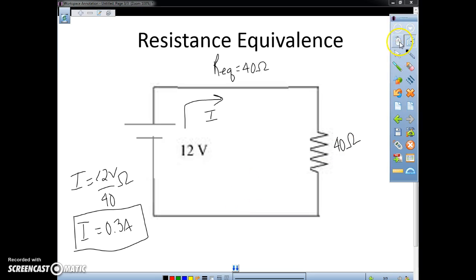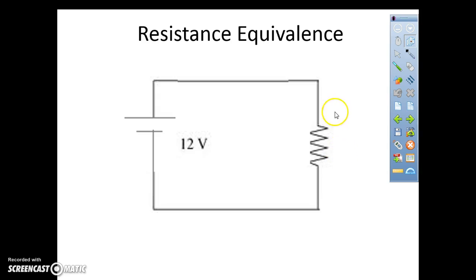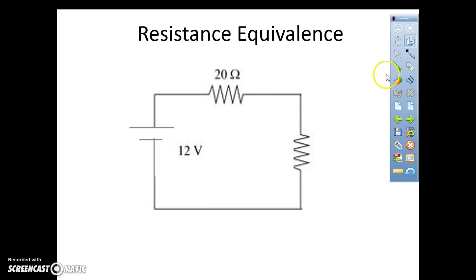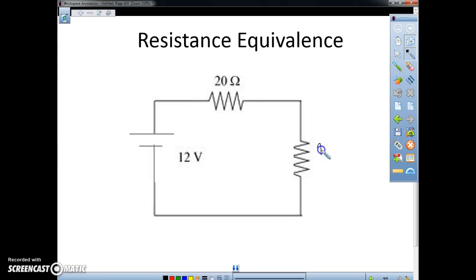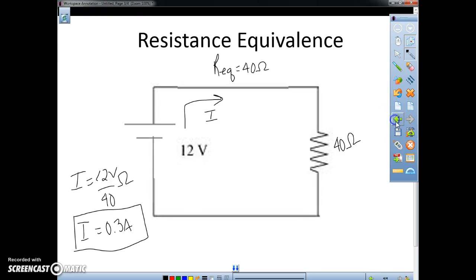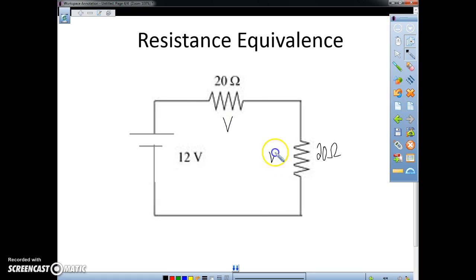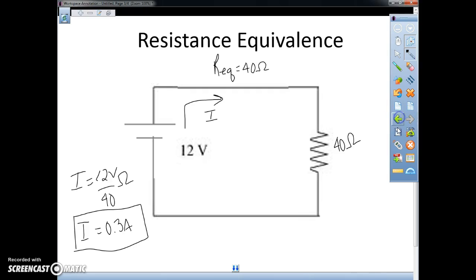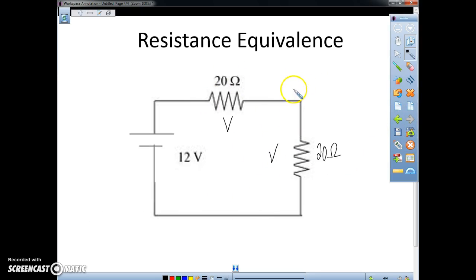How do we go from here? So we went from this to this. Remember, our back step was here. So between here and here, we were series circuits. If we want to know what the voltage is between these two, we can use the fact that this is one loop and this is one loop, and say that these currents are actually the same.